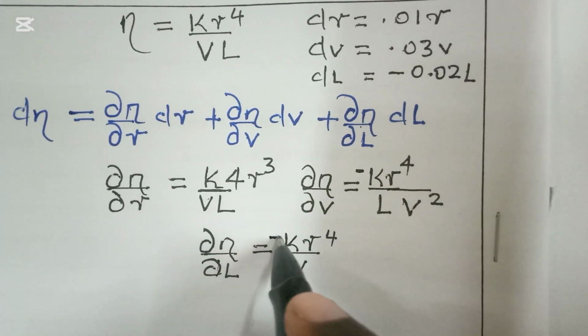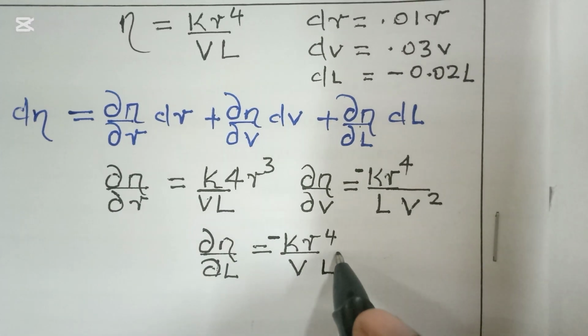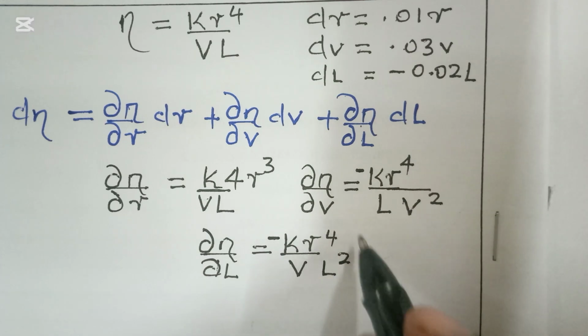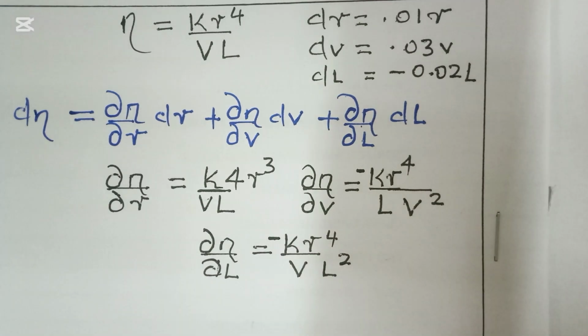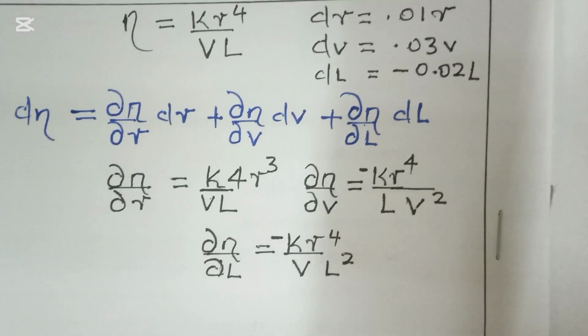Finally we shall get this as negative, with L squared, because remember it was L to the -2. By the law of indices, it shall be squared like that.